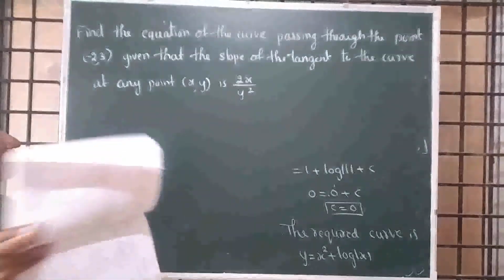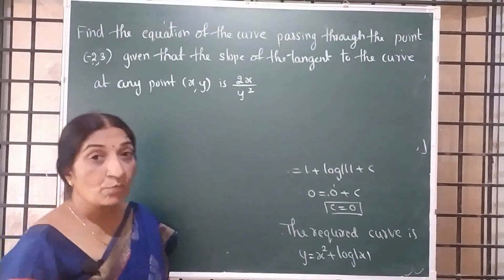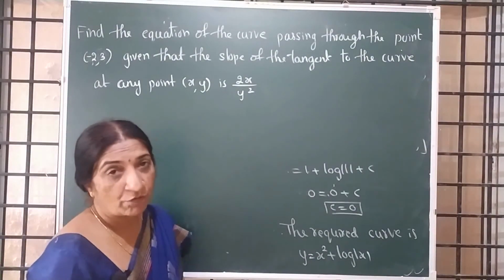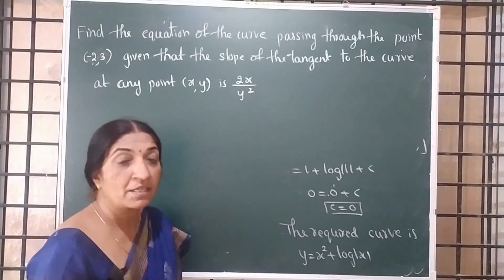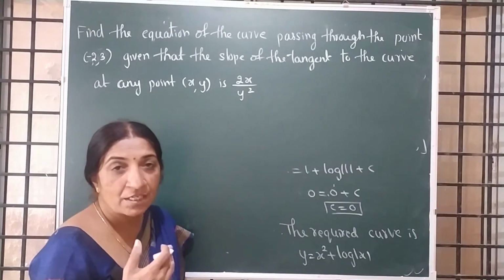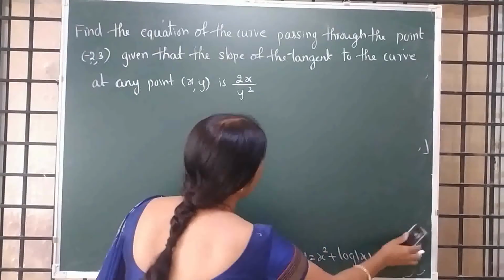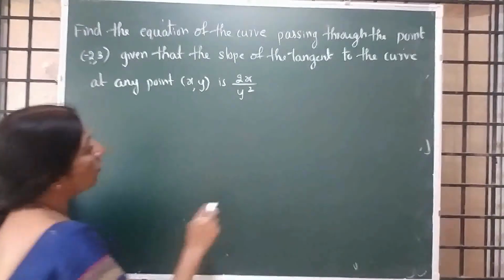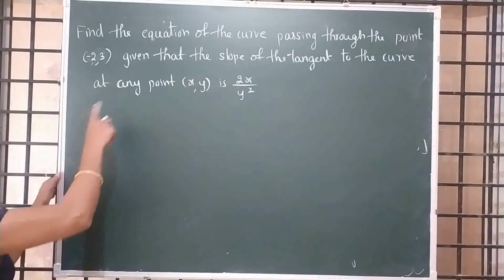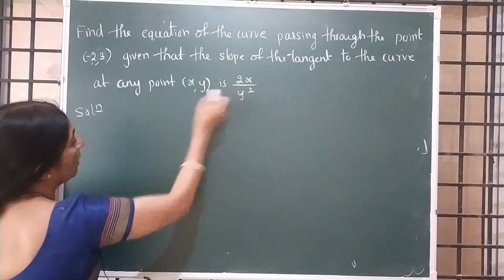Yes, the slope of the tangent, you know that there are so many methods to write it, but the main thing you studied in the second year is that the slope of the tangent is denoted by dy upon dx. What is given? The slope of the tangent to the curve at any point x comma y is 2x upon y square.